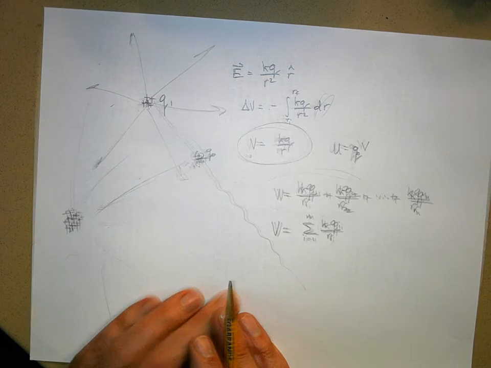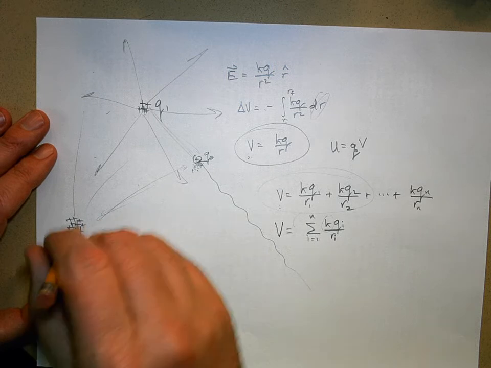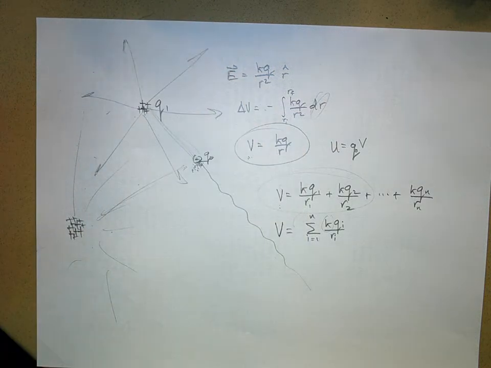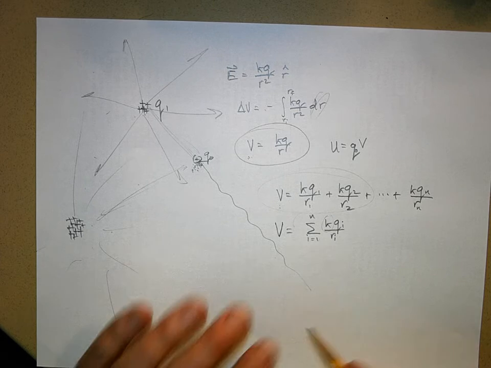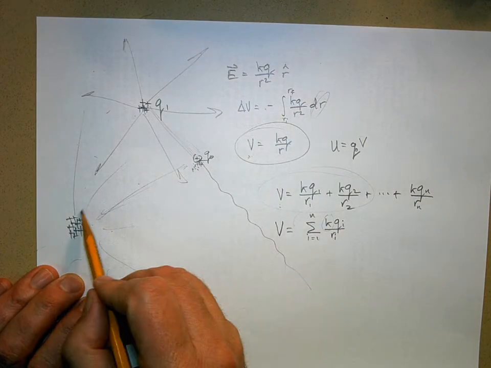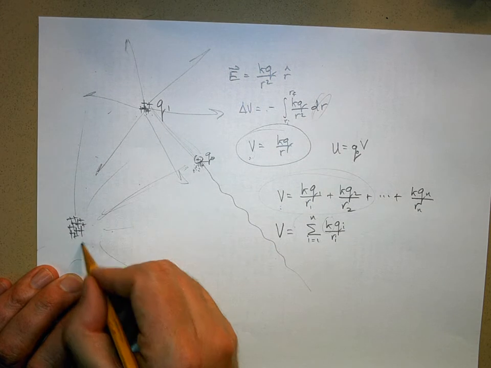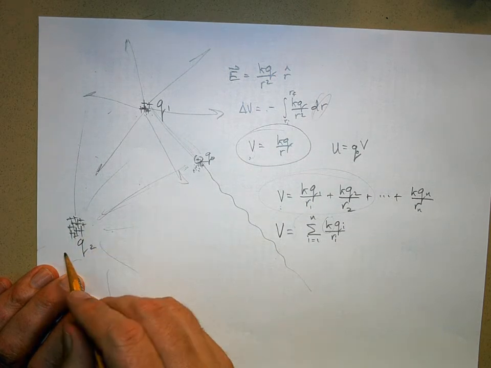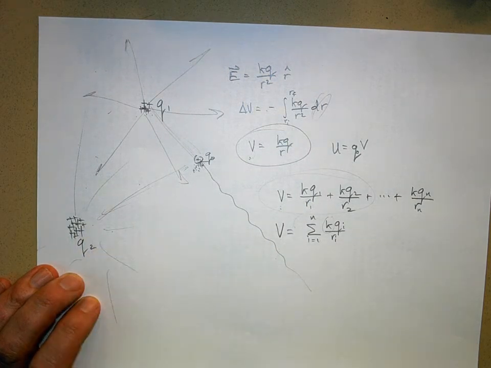Now, if instead of a whole bunch of point charges I have a continuous charge distribution, well, you just change these discrete charges, Q1, Q2, and so on, to infinitesimal charges, and you sum them all up.